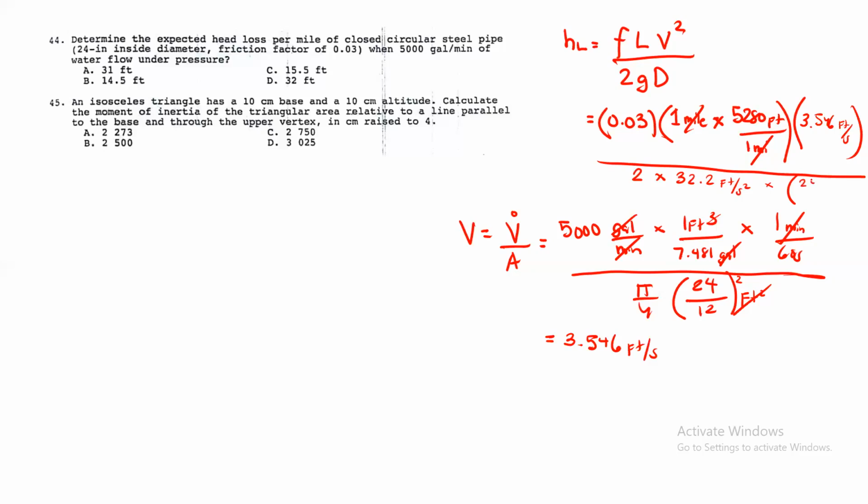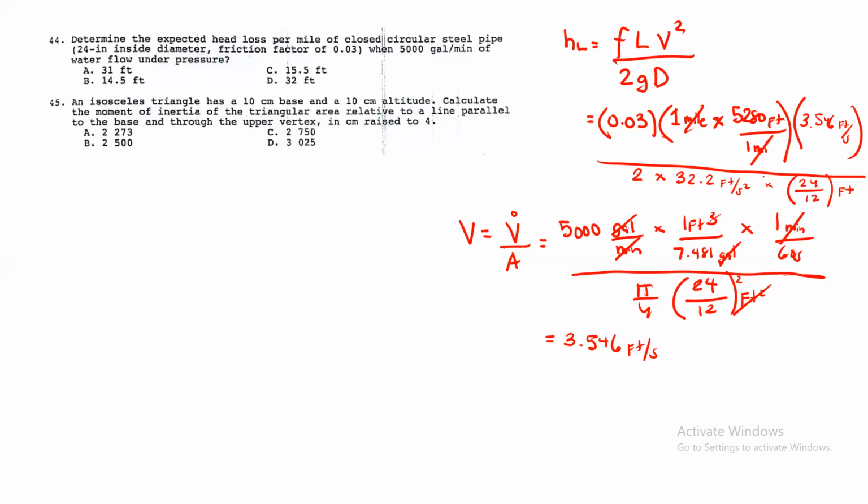So, 24 divided by 12 para maging foot. So, ilan yung lalabas dito, guys? So, head loss per mile kasi to, no? So, dito, guys, ang lalabas is feet.